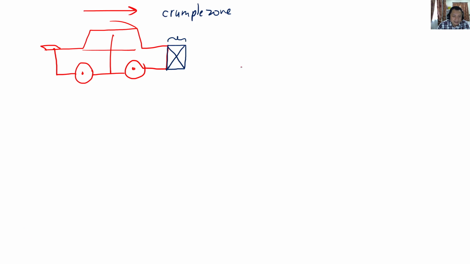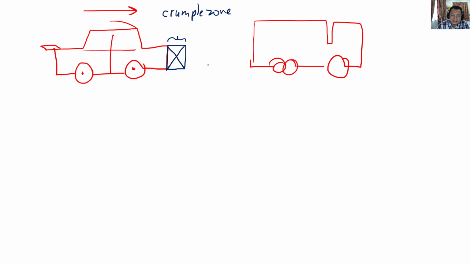That means if you are met with an accident, let's say you hit the back of a lorry, not you, somebody else, this crumple zone will be reduced. The length of this crumple zone will be reduced to a very minimum.